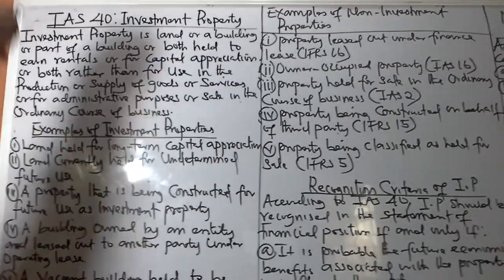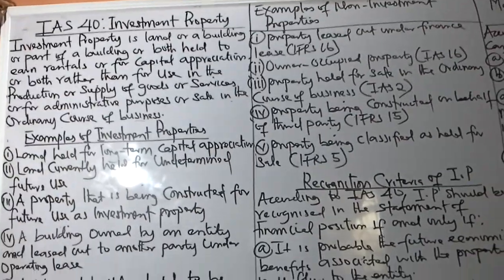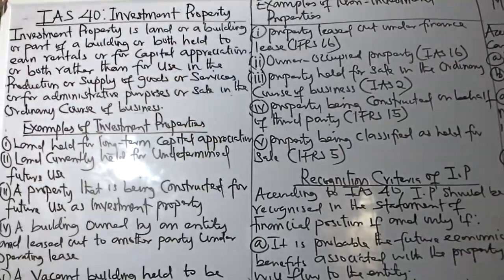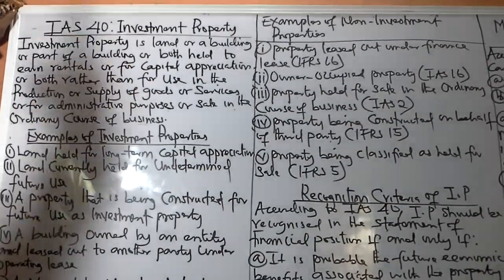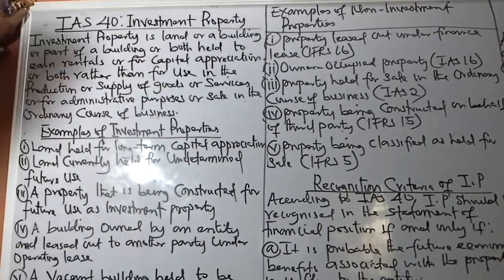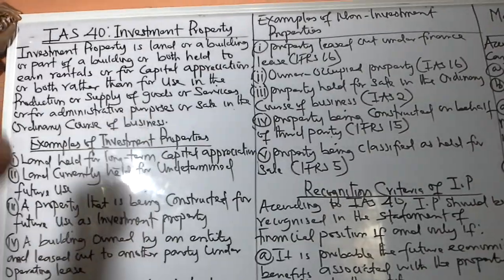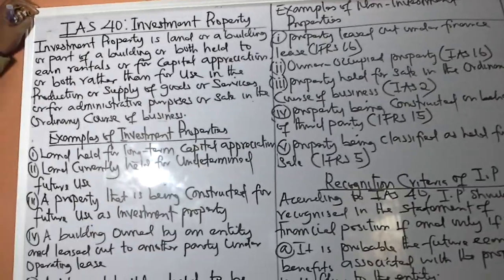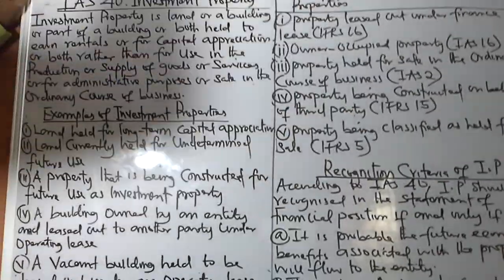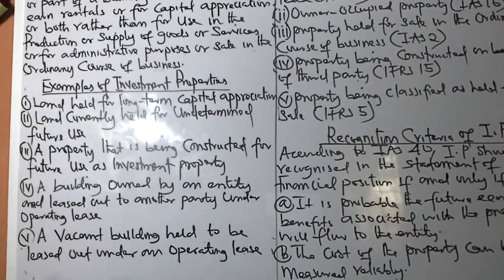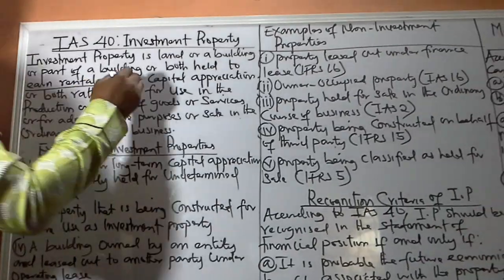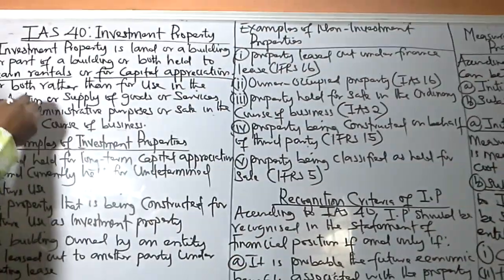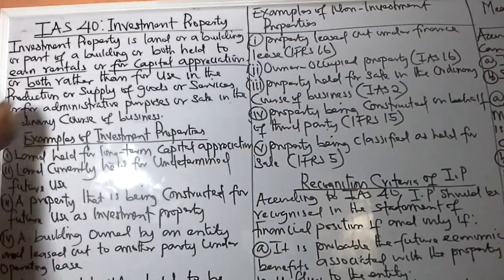So that is why any tangible non-current asset that is held to collect rentals or for capital appreciation is regulated by IAS 40. So the objective of investment property is simply for what? For rentals, to earn rentals, or for capital appreciation, or both.